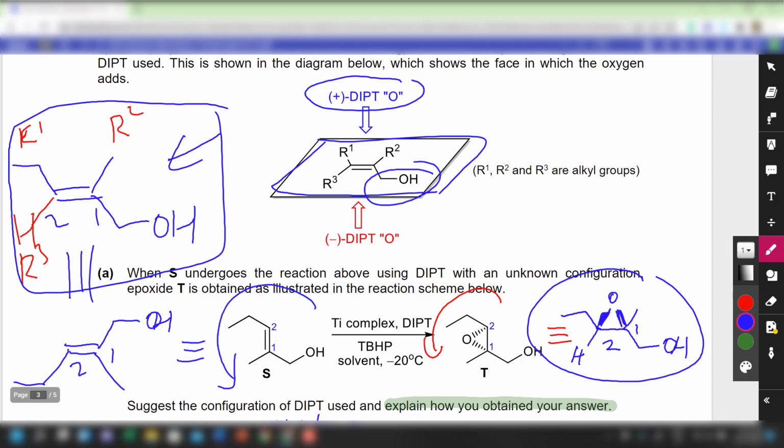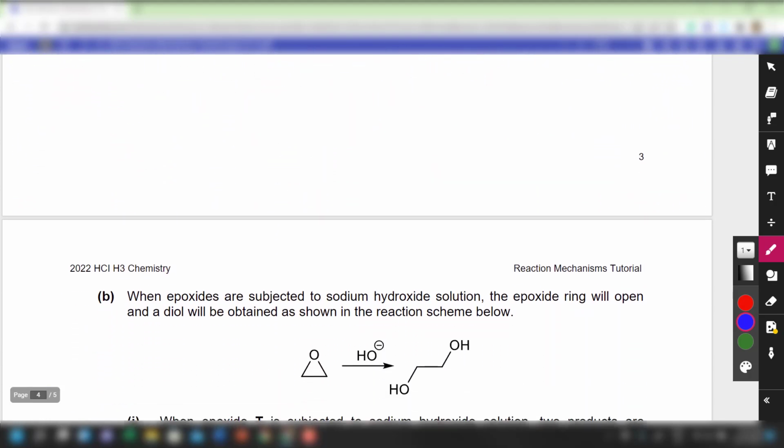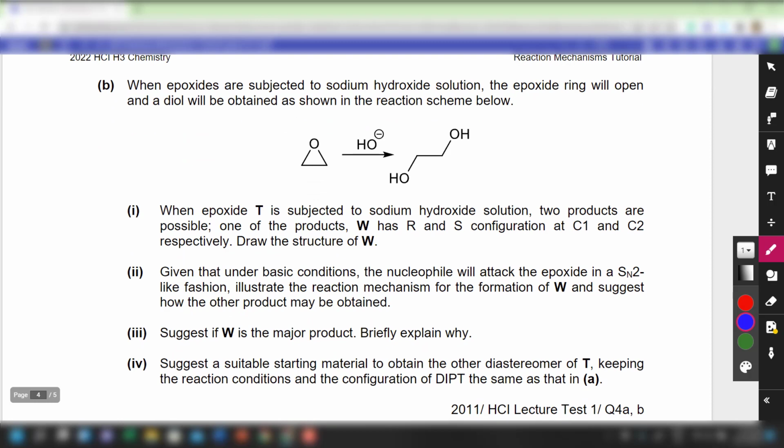Therefore, in order for the epoxy oxygen to be pointing upwards, the DIPT will have to approach from the top, and therefore I should be using plus DIPT instead of minus DIPT. Any reasonable explanation will work. Then we'll move on to part B.